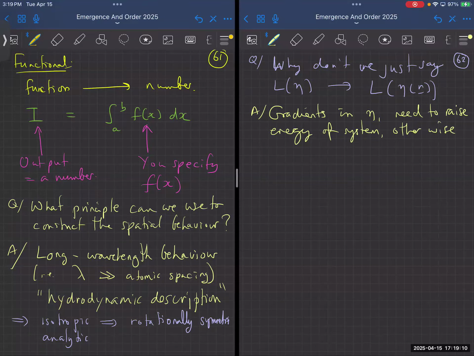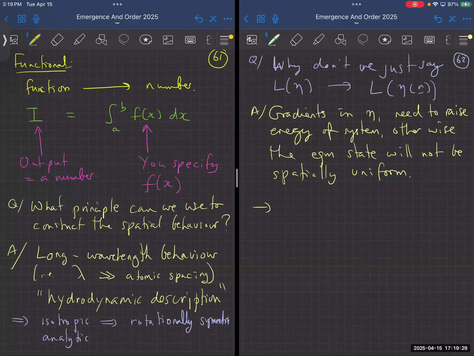Otherwise, the equilibrium state will not be spatially uniform. Okay, so what does that give us?